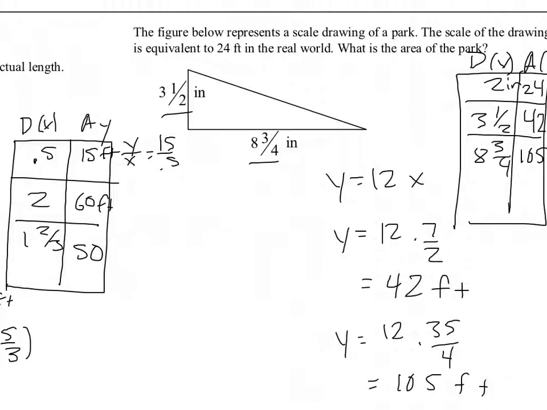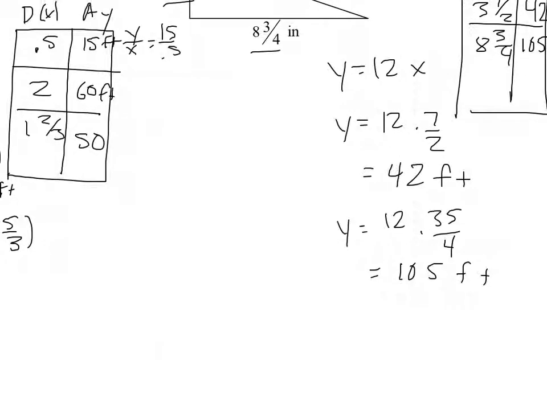So again, we're asked to find the area of the park. So the area of a triangle is equal to 1/2 of its base times its height. So the area of this triangle is 1/2 of, let's redraw this really quickly.